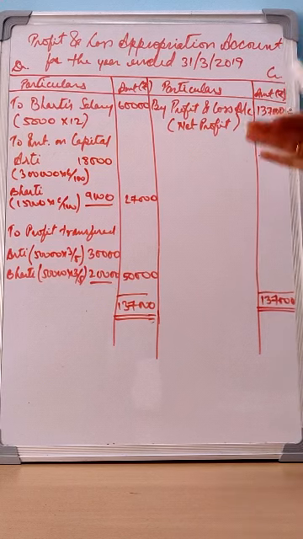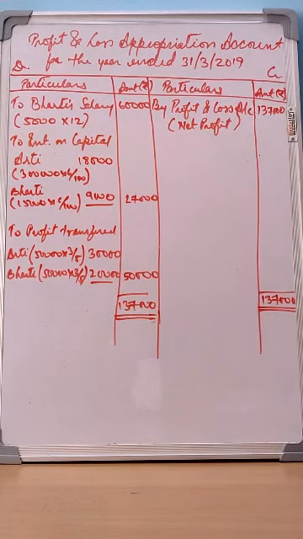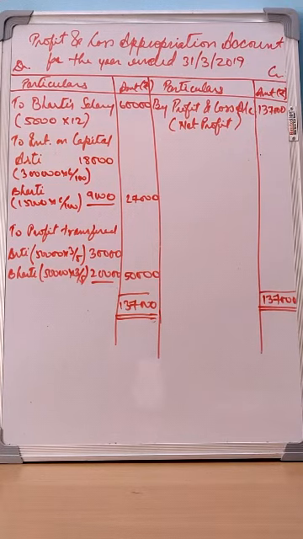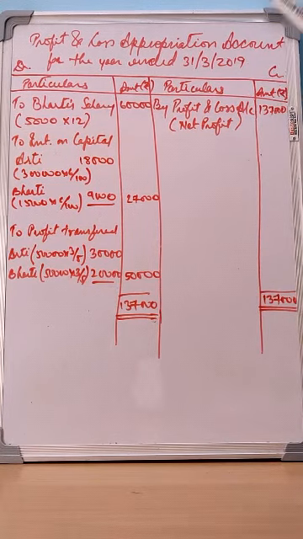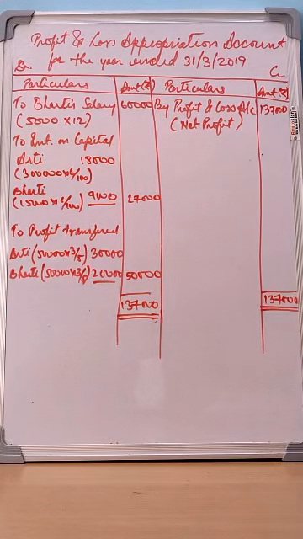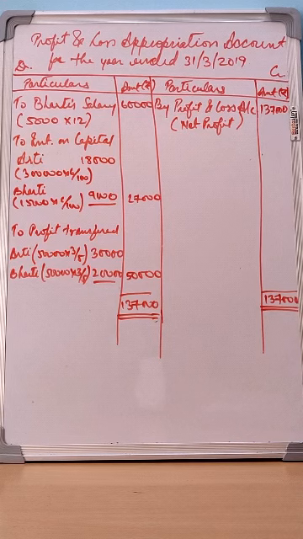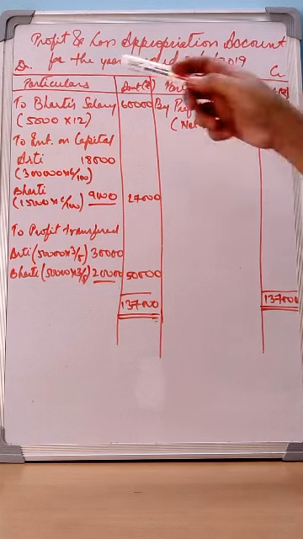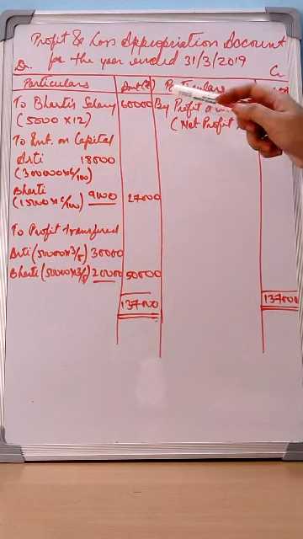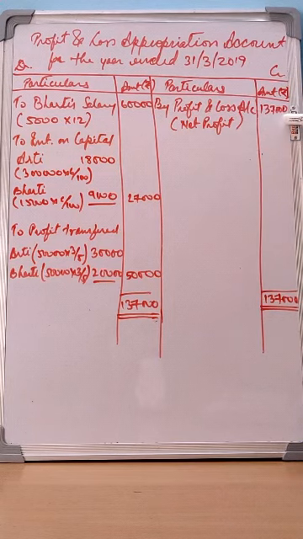The format will be exactly the same as the profit and loss account. The first thing you do is transfer the profit calculated in the profit and loss account, 1,37,000. The profit transferred from the profit and loss account is 1,37,000.